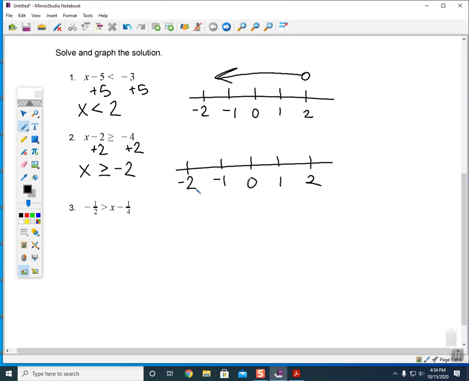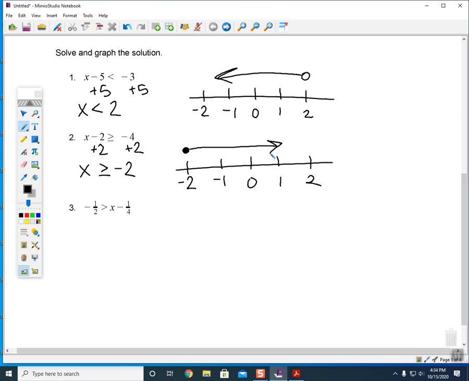This time I have greater than or equal to. Because of that, I'm going to use a closed dot because I am including negative 2. Greater than means that I'm going to point my arrow to the right. To the right. Okay. Great.